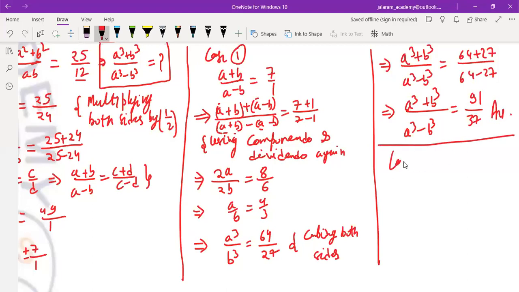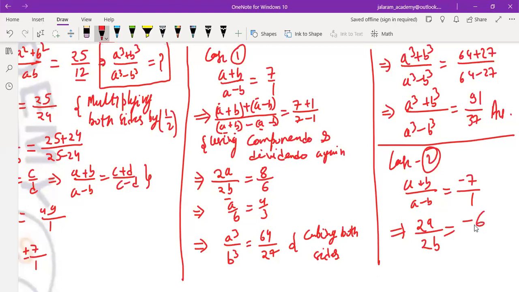Similarly, in case 2, when we take a plus b upon a minus b equals minus 7 by 1, it will give on componendo and dividendo, this time writing directly, 2a by 2b equals minus 7 plus 1, minus 6, over minus 7 minus 1, minus 8. So 2 is cancelled out. It is 3 by 4.